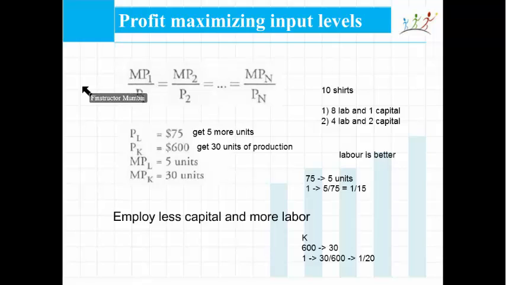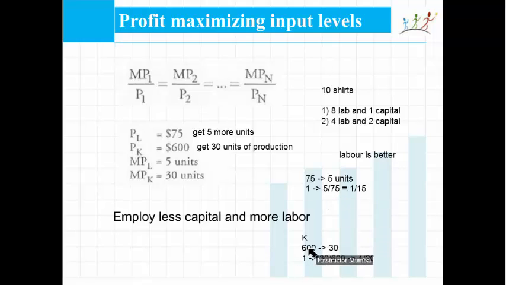So if the company is in this stage, then the firm is not optimally using its inputs. The firm should sell some machines and with the money it gets, employ more labor.